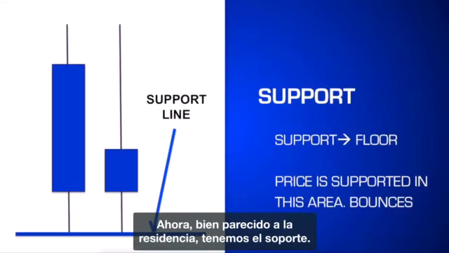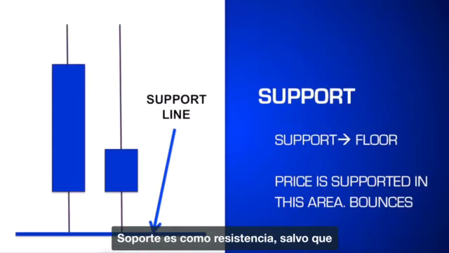Now, much like resistance, you have support. Support is like resistance, except it's like a floor or it is a support. So in the same way you stand on the ground or on the floor and the floor holds you up, price is held up in this area. So no, obviously it's not literal.